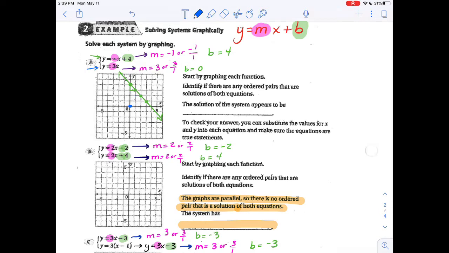I gotta go back. Up 3 over 1, up 3 over 1, and now connect those points, and now you've got that linear graph. Where they cross is my solution. So my solution is 1, 3.